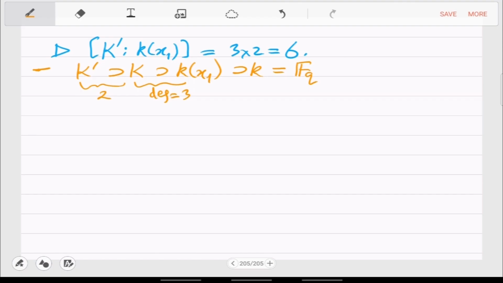Because you already have one root, so the remaining part is only quadratic. You attach another root and you get all 3 roots. So that would be the price to pay. And K prime over K is Galois.